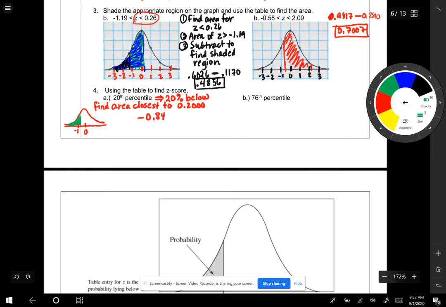Right, 76th percentile, so that's 76% below. Let's sketch the situation first. So that would be right here. That would be the 76th percentile. So below that, we want this.